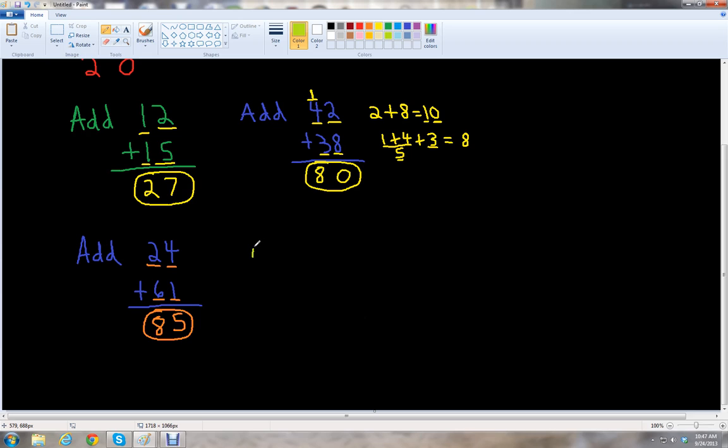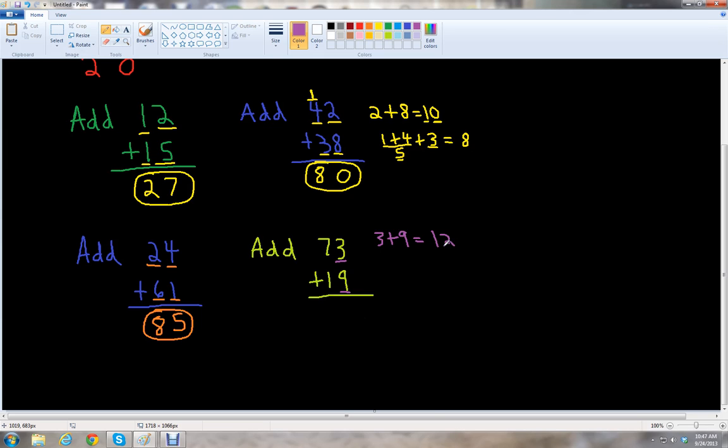Okay, so let's look at one more example with adding two-digit numbers. Let's say we're going to add 73 plus 19. So again, we're going to start with the ones digits, add those together. So we get 3 plus 9 is 12.